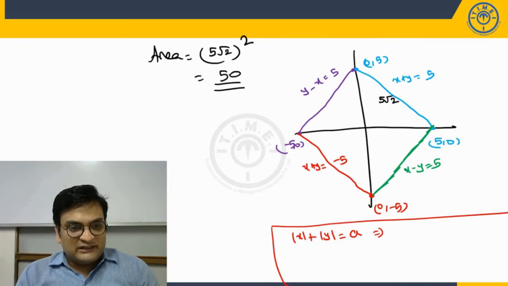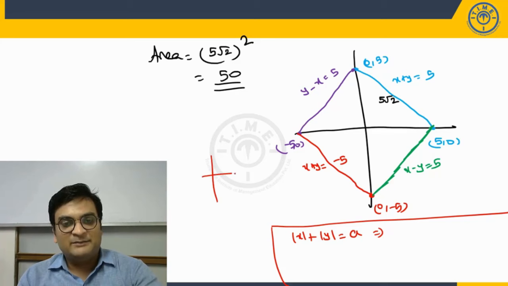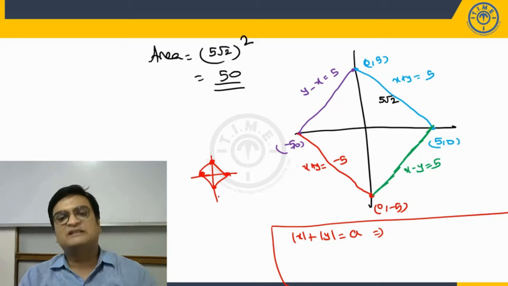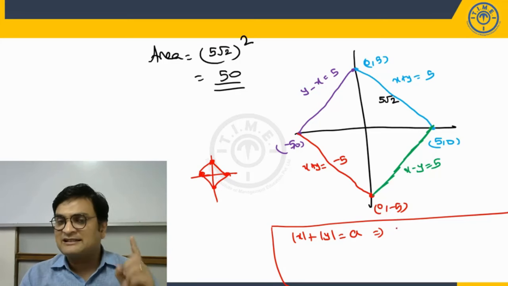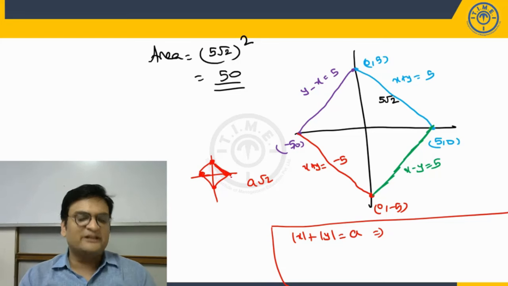So the formula for this is, the moment I see mod x plus mod y equal to a, it will be giving me a square which will be cutting the axes at a comma 0, minus a comma 0, 0 comma a, 0 comma minus a. Hence the side is going to be a root 2.